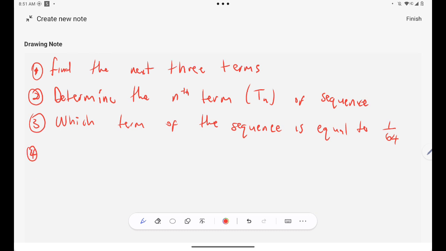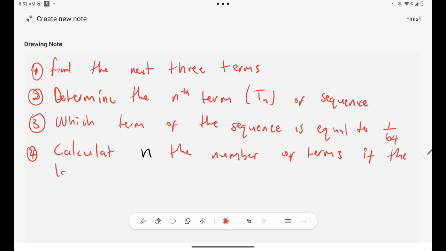Number 4: calculate n, the number of terms, if the last term is 1/1024.